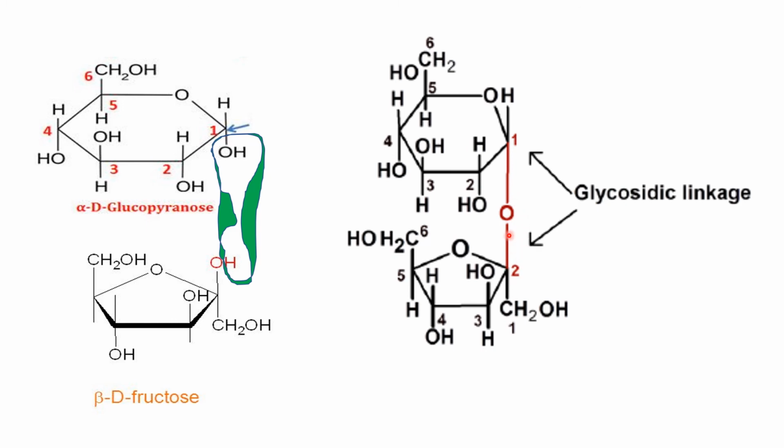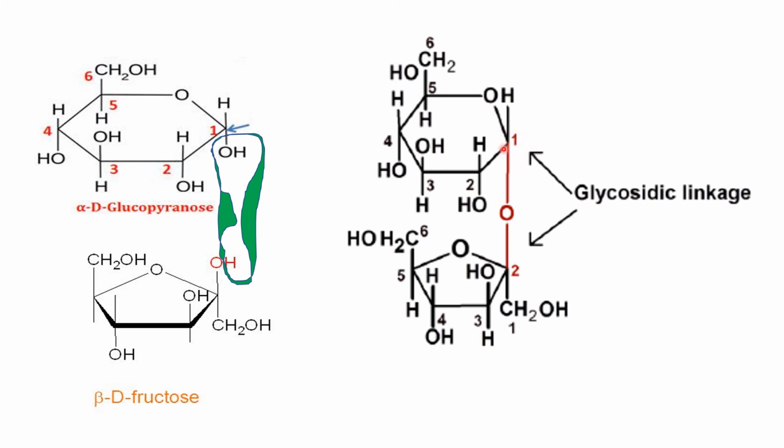These are connected. We have seen the anomeric carbon atom is the reason for mutarotation. But here, the anomeric carbon atoms are connected between the two. Hence, this cannot exhibit mutarotation. That means there is no free aldehydic or ketonic group in this particular molecule. So, we say alpha D glucopyranose is connected with beta D fructofuranose through a 1,2 linkage.